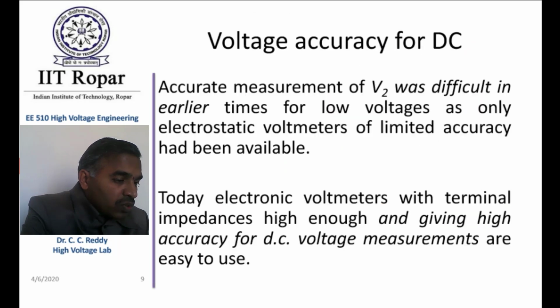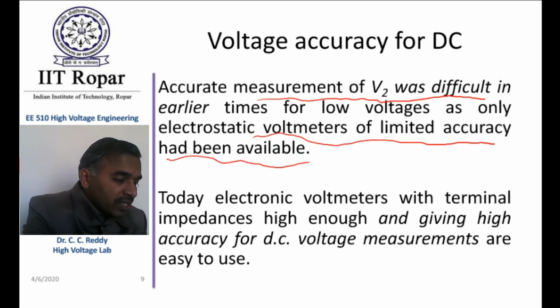But in olden days the accurate measurement of V2 was difficult in earlier times for low voltages, as only electrostatic voltmeters of limited accuracy at low voltages had been available at that time. For low voltages, unfortunately, in electrostatic voltmeters the force of attraction is very small, and then there are certain limitations on accuracy.